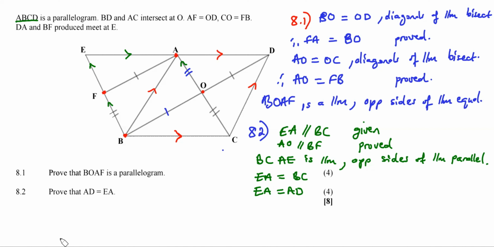Make sure that your opposite sides are also equal. Then also make sure that your diagonals are bisecting each other. Then you also have to prove that if one pair of opposite sides are equal and parallel, then the shape is a parallelogram. Those are the things that you must remember.